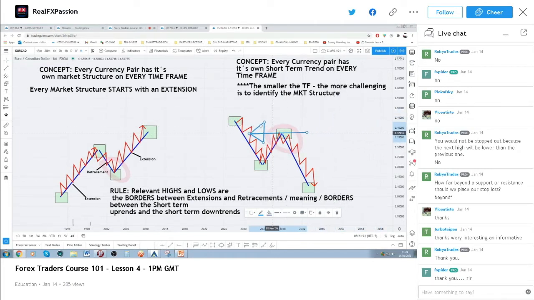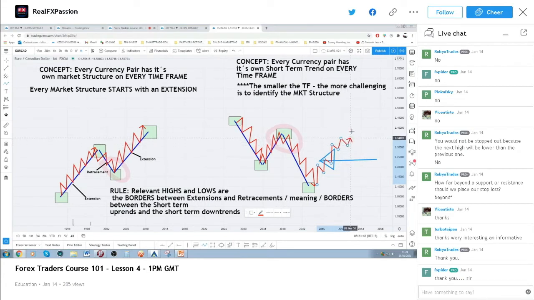Okay, so if the blue is market structure, just an example, you are going to see the short-term trend making higher highs, higher lows, higher highs, higher lows. In order to have the down market structure, the market must not break this structural high.